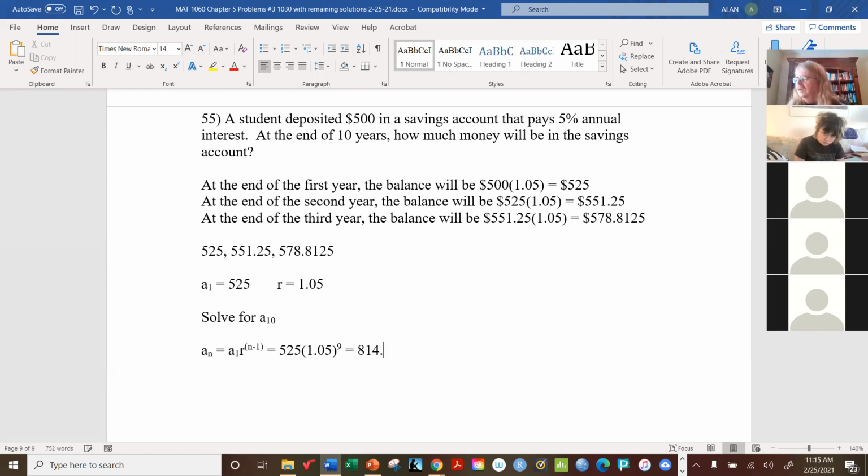814. It's a very long number, so we don't need all those digits. Let me just show you what it looks like. It's 814. There's a lot of decimals, 4, 4, 7, 3. So in a banking situation, this would be rounded to 814.45.